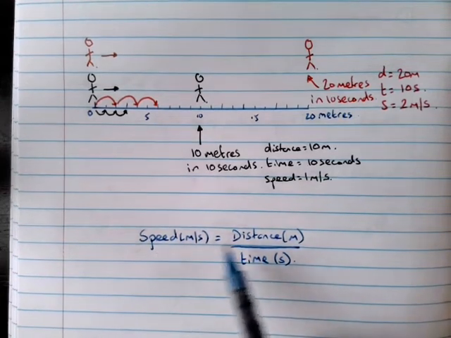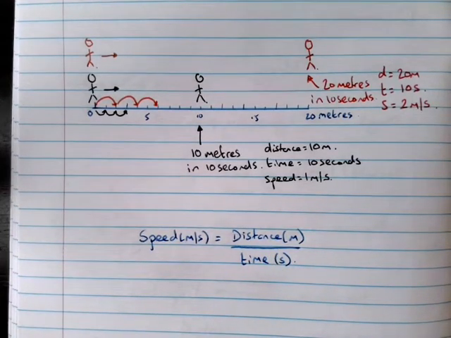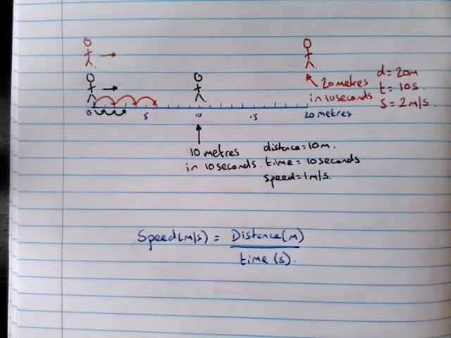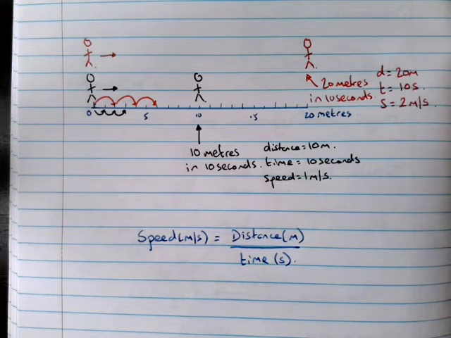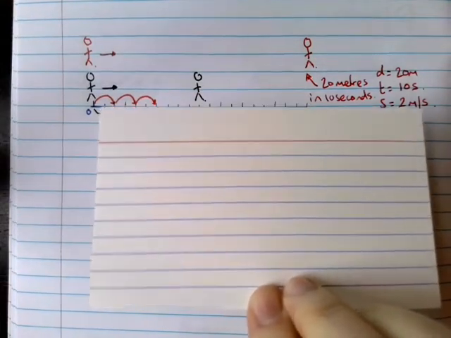Okay? Speed equals distance divided by time. And that's an equation that you need to remember. Some of you might know it already. If you don't know it, however, you need to memorize it. And if you're having trouble memorizing it, then I recommend using a flashcard.